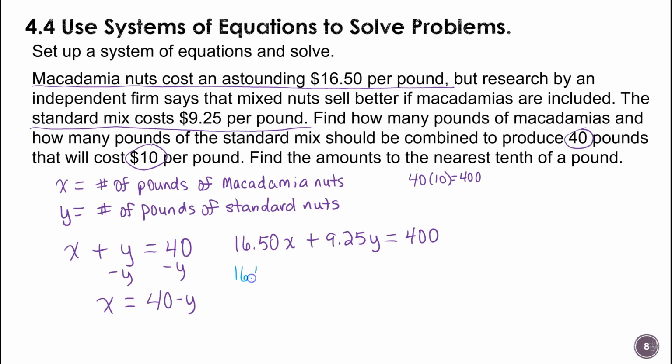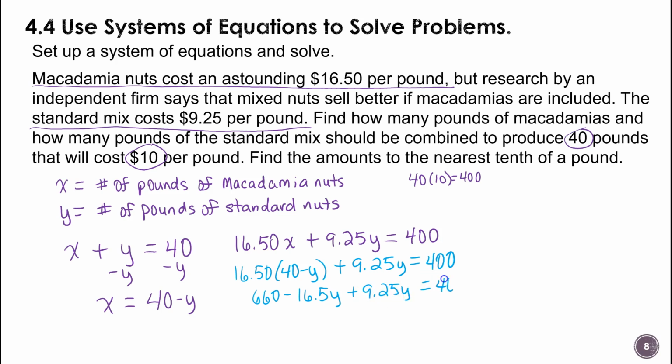So I'm going to have $16.50 times 40 minus Y, because that's what X is equal to on the other equation, plus 9.25Y equals 400. All right, so I have to distribute the $16.50, and that leaves me with 660 minus 16.5Y plus 9.25Y equals 400.